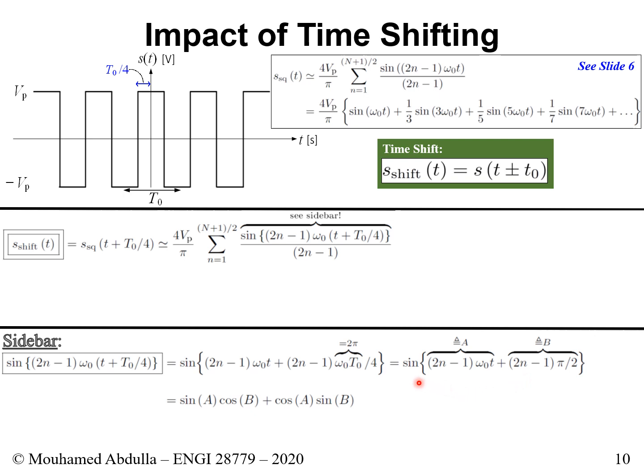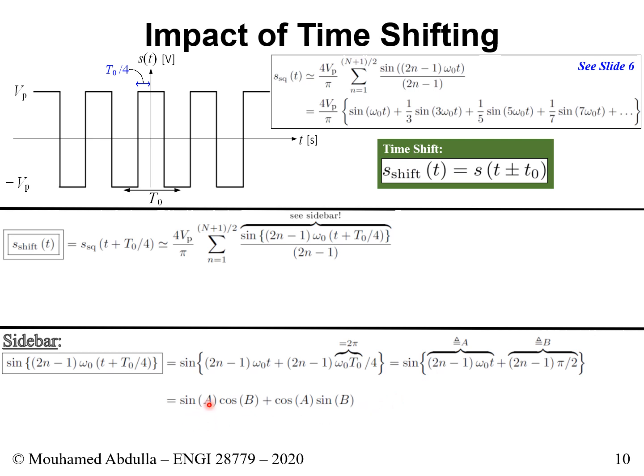So we have this identity in trigonometry that if you have a sinusoidal of A plus B, it is equal to the sine of A times cosine of B plus cosine of A times sine of B. I'm sure you've seen this in the different math courses that you've taken. This is just basic trigonometry, and we just do this conversion.